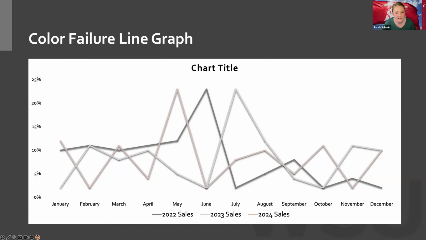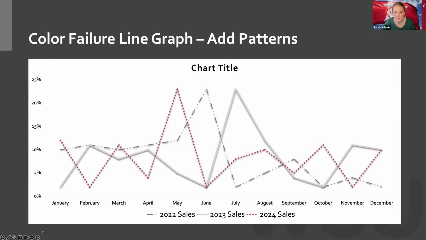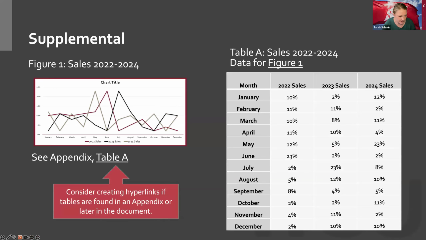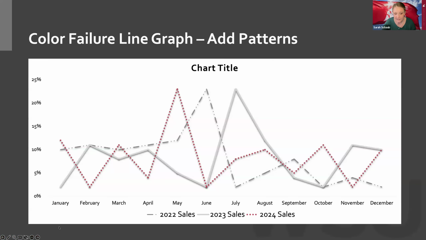A way you can fix that is by adding patterns to your line charts and then making your legend large enough to show what those patterns are. So one line we made with dots, another is a solid, and another one is a combination of lines and dots to clearly differentiate between them.